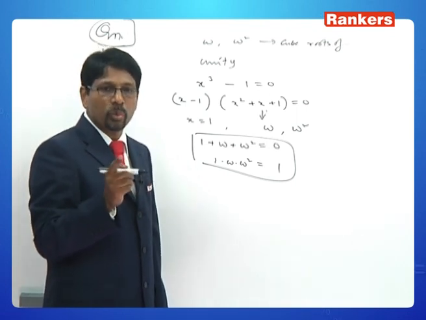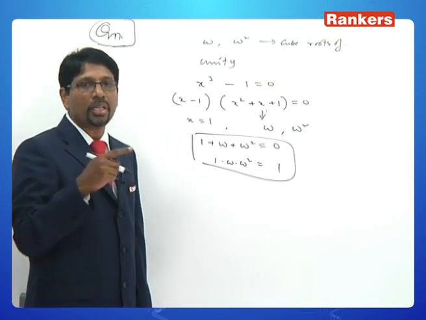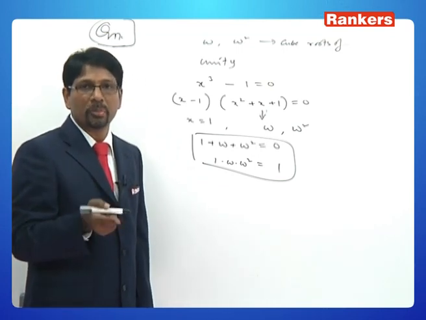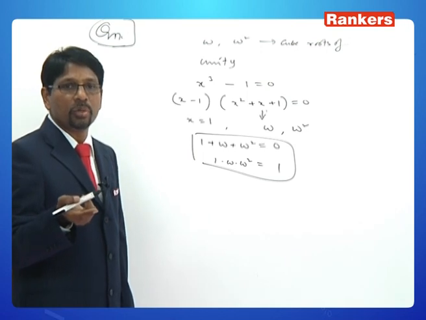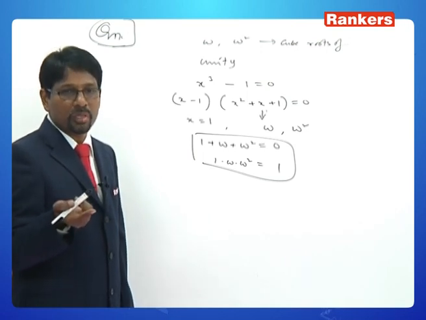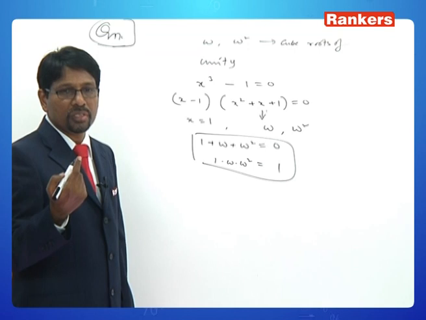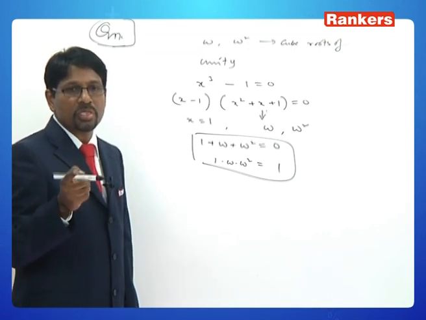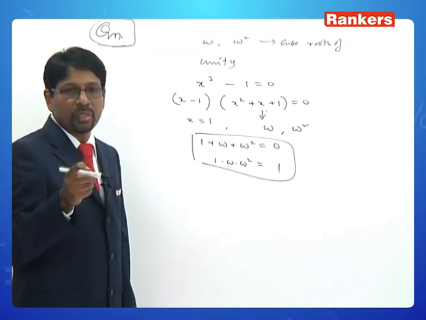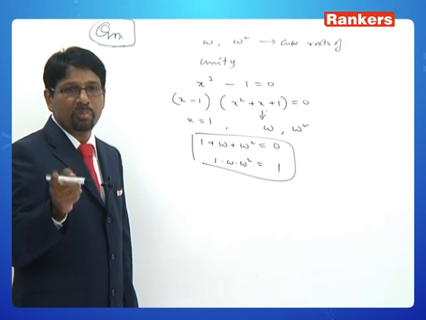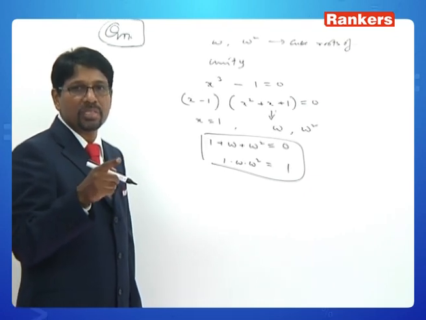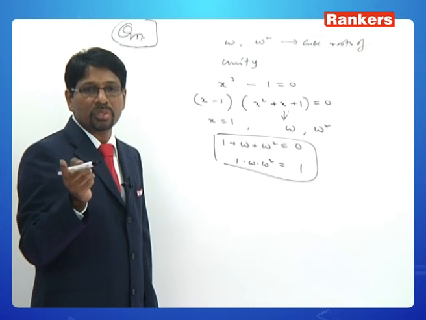So whenever omega is a root common to both equations, omega square also has to be a common root for both equations. So the most plausible answer, if at all, you can't have A, you can't have B, you can maybe have C, but if at all, you should have D.